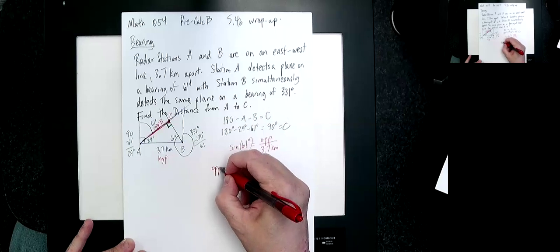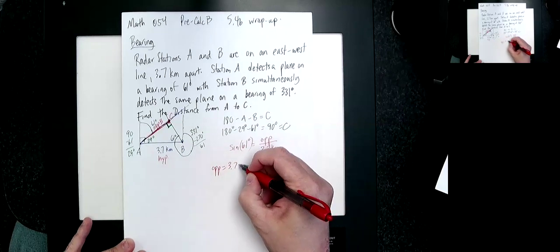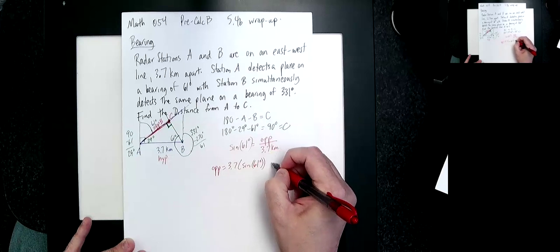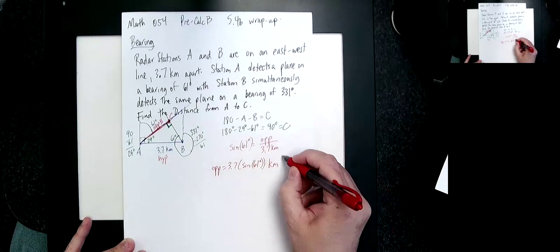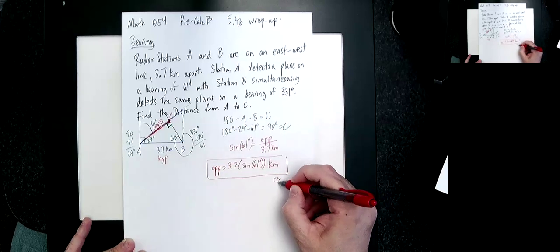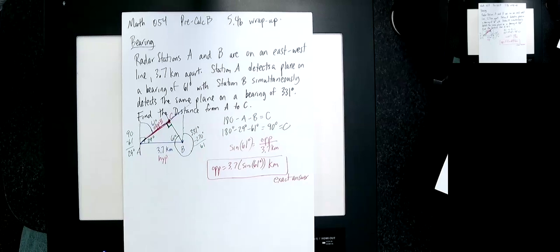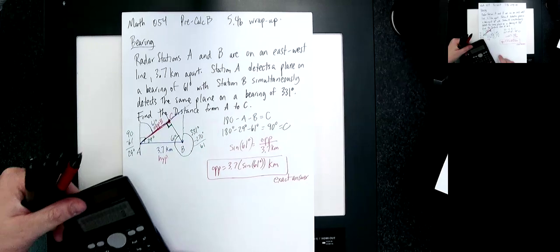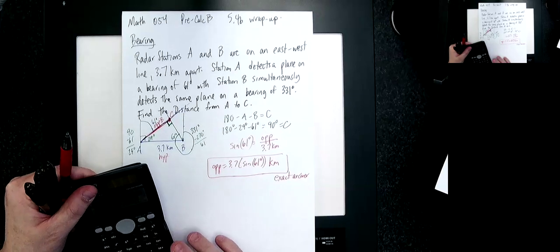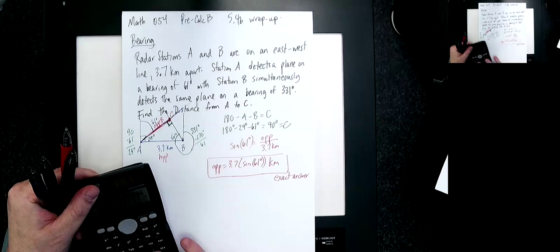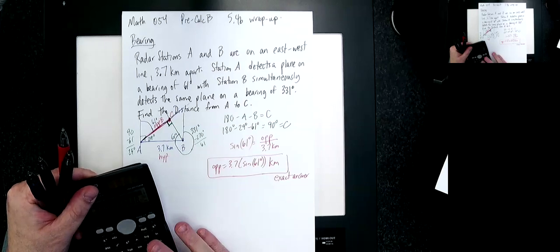So opposite is 3.7 times sine of 61 degrees in kilometers. That's an exact answer. And we can figure out an approximation of it. I'm in degrees still, good. 3.7 times sine of 61.